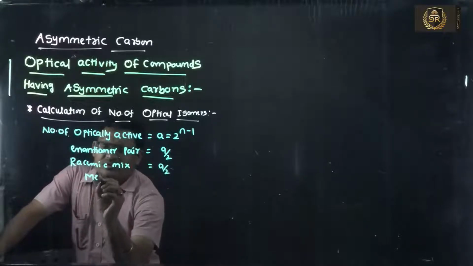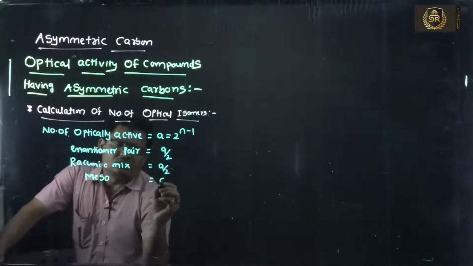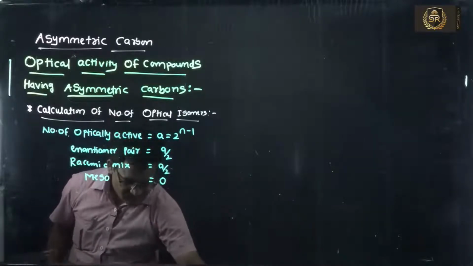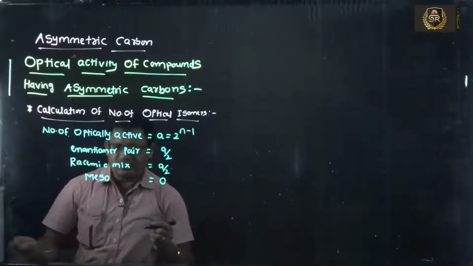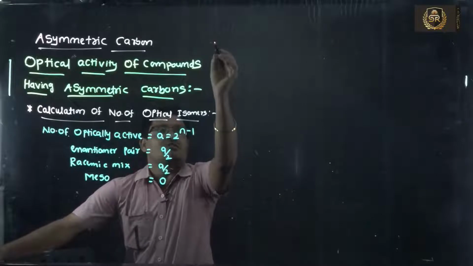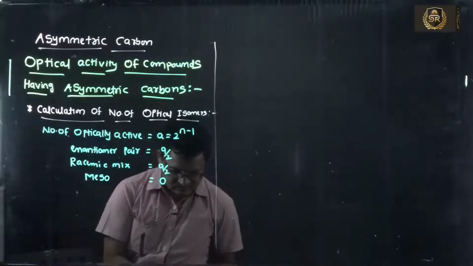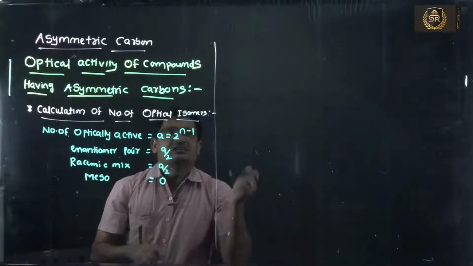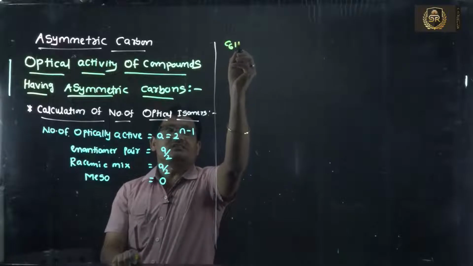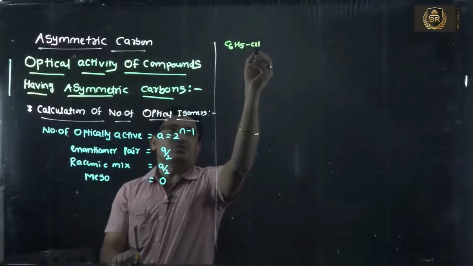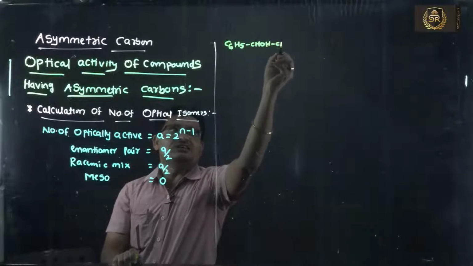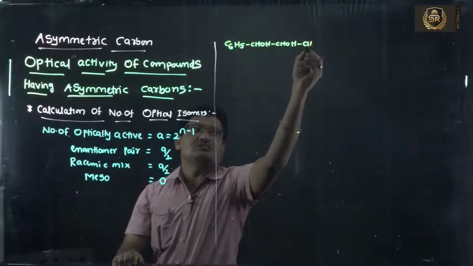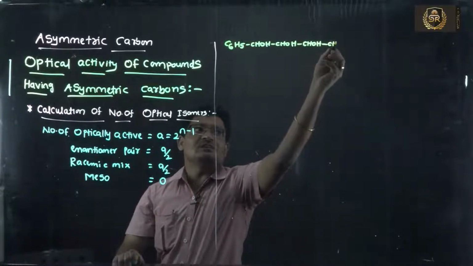In this one, meso compound equals 0. So what condition is used for this formula? Let me do one of the problems. Take C6H5 CHOH ... CH3.